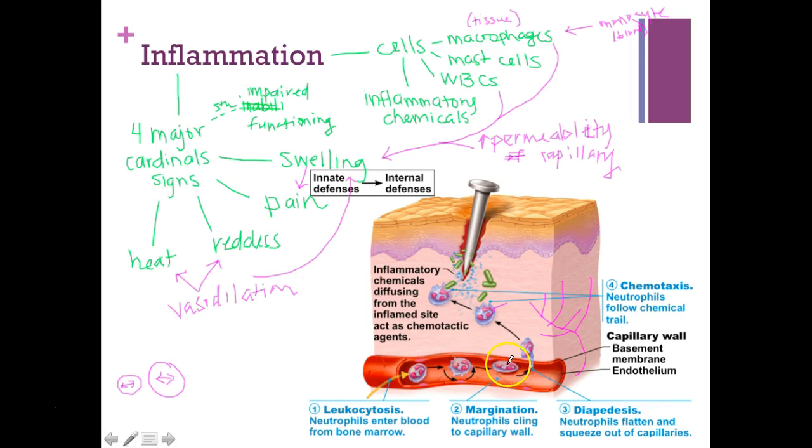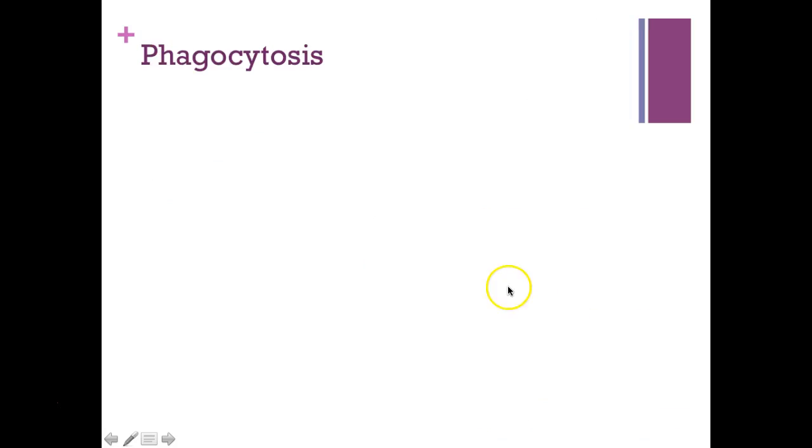Remember, endothelial tissue is just simple squamous epithelium. And so the cell squeezing through is called diapedesis. They squeeze themselves and move into the infected area. Okay, that's the last thing we're going to mention on inflammation.